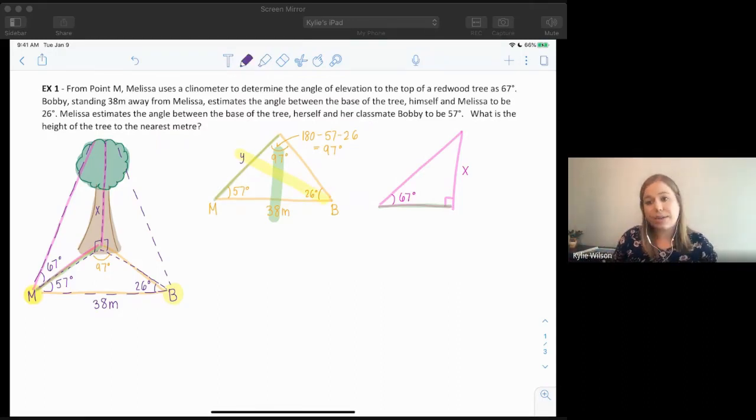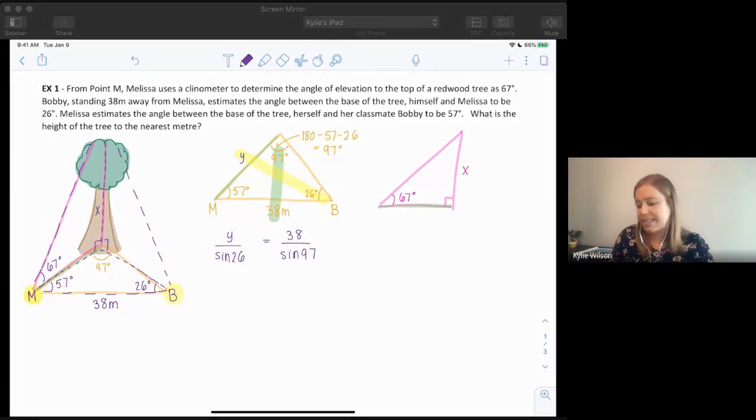So now I'm going to set up my sine law equation. Because I'm looking for a side length, I'm going to put the side lengths in the numerator. So we'll have Y over sine 26 equals 38 all over sine 97, like this.